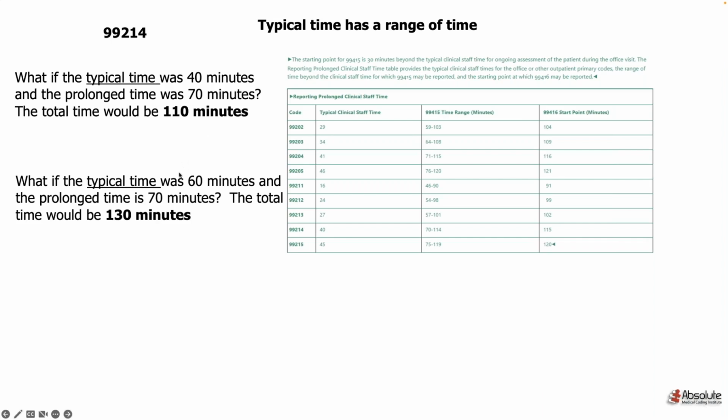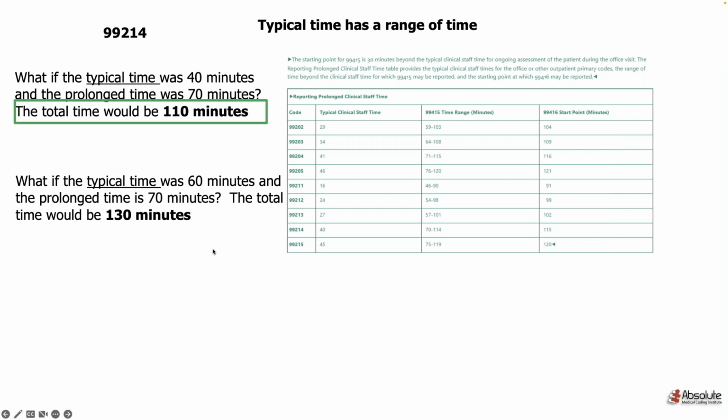And what if you had another encounter where the typical time was 60 minutes and the prolonged time was 70 minutes? The first encounter's total time would be 110 minutes, and the second encounter's total time would be 130 minutes.